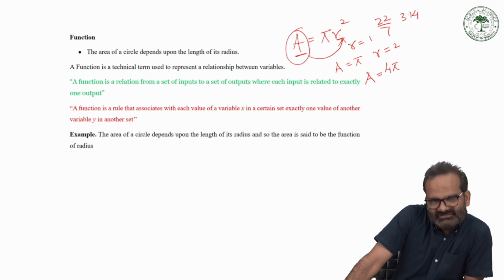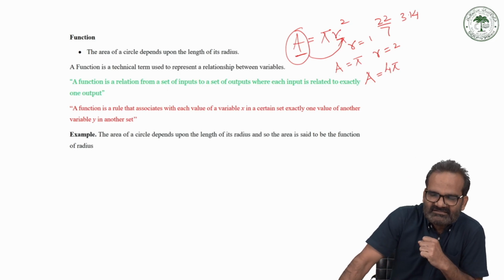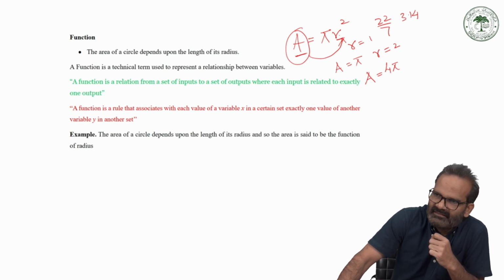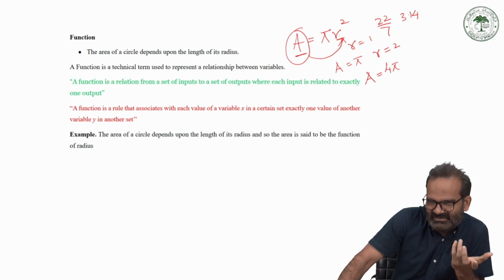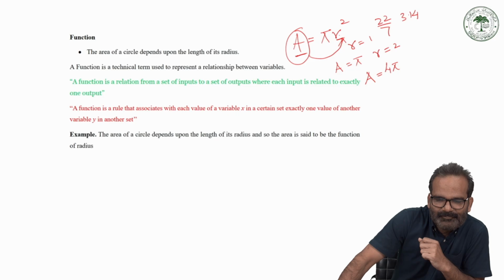As far as the definition of a function is concerned, a function can be defined in a number of ways. For example, I have taken here two definitions, and the crux of both is almost the same. You can choose any one of them which you prefer, right?